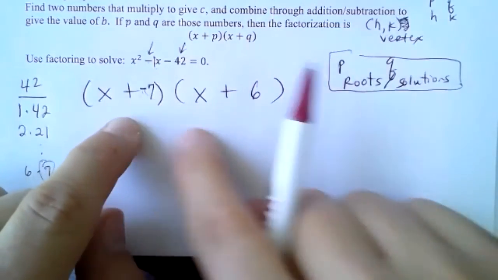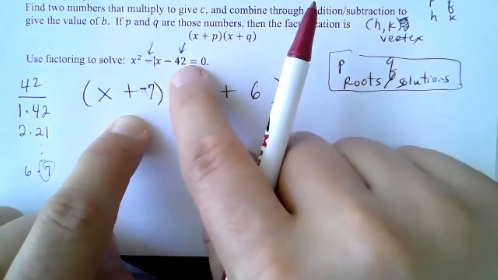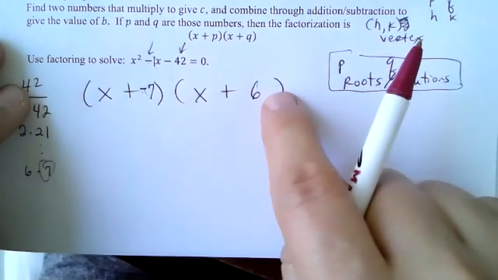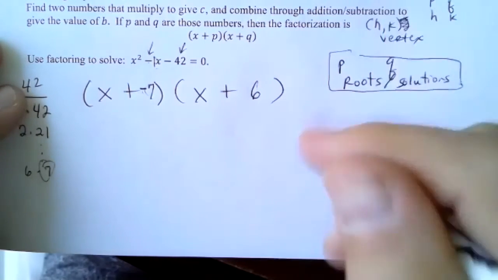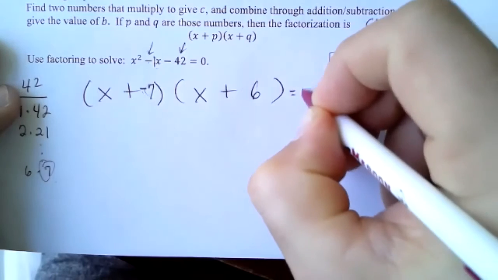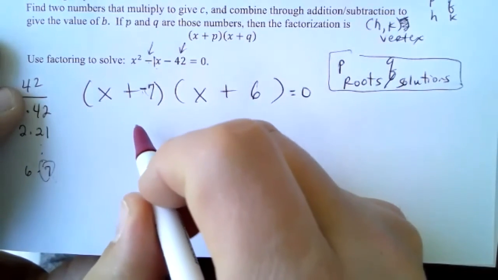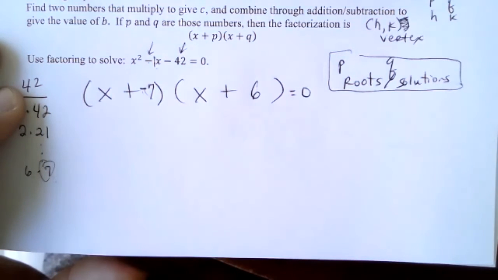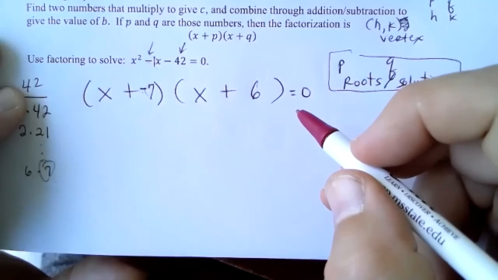And then if you multiply the last terms, you get -7 times 6, which is -42. So now we've found our P and our Q, okay? So our solution is, now this is important that you understand this, P is -7 and Q is 6, okay?